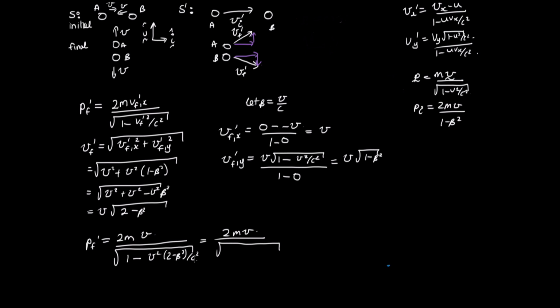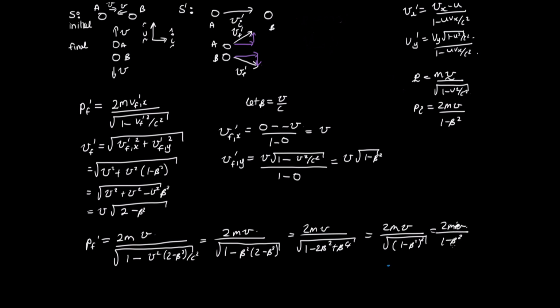Now we've got v squared on c squared, so that'll be beta squared. So this is 1 minus beta squared times 2 minus beta squared. So this is equal to 2mv over the square root of 1 minus 2 beta squared plus beta to the 4, which you may recognize as the square root of 1 minus beta squared all squared. So this is equal to 2mv over 1 minus beta squared.